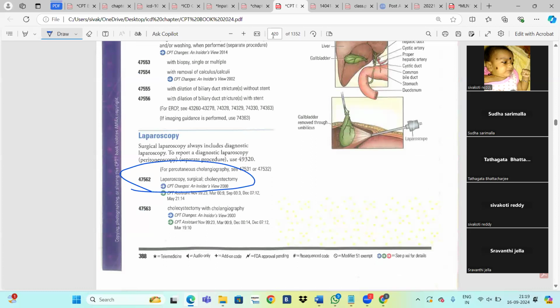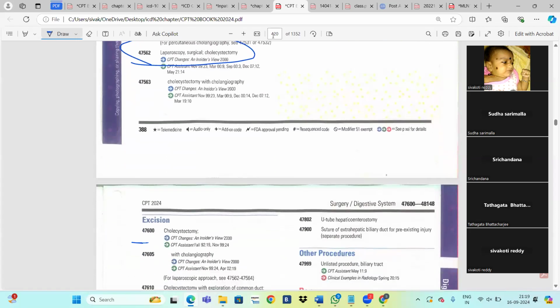Laparoscopy, surgical cholecystectomy. So what is the 47600? Cholecystectomy. Both are cholecystectomy procedures only, no? Yes. What is the difference? One is laparoscopy and one is open procedure.